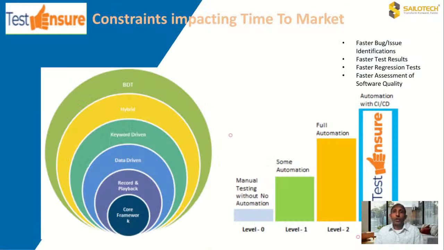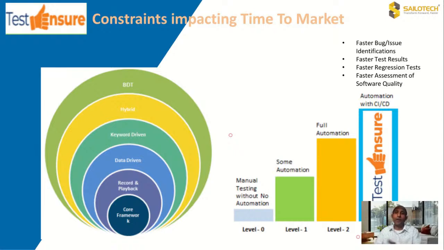So also I want to quickly talk about constraints impacting time to market. Obviously, I talked about manual testing. Of course, where there's no automation, it's a no-brainer, right? But there are some companies still that I know do most of the testing manually, so they need to look at automation. TestEnsure will help achieve what we call level 0 to level 3.